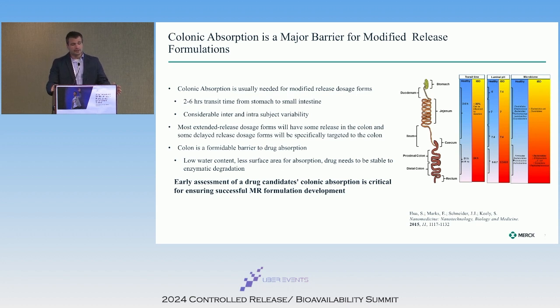The reason understanding this is important is that most of your extended release dosage forms, unless you're going for a very short duration, are going to have some release in the colon. And most delayed release dosage forms will creep into there as well, or a lot of them will be specifically targeted to the colon, depending on how long you're going to delay.